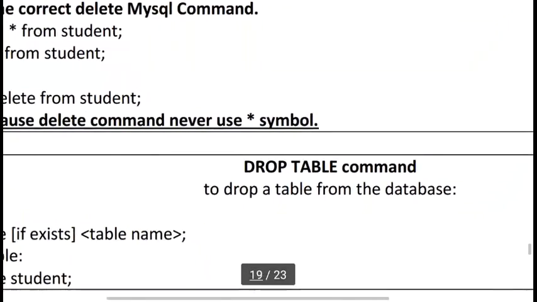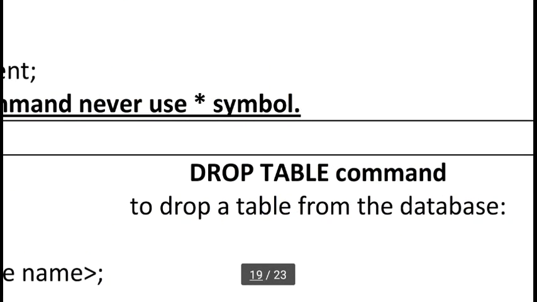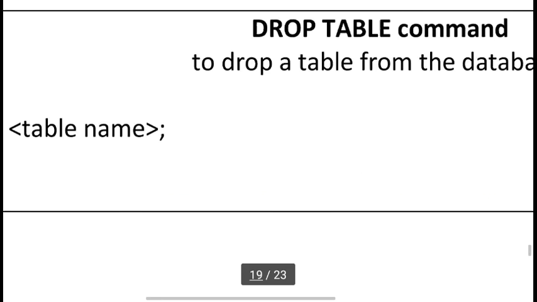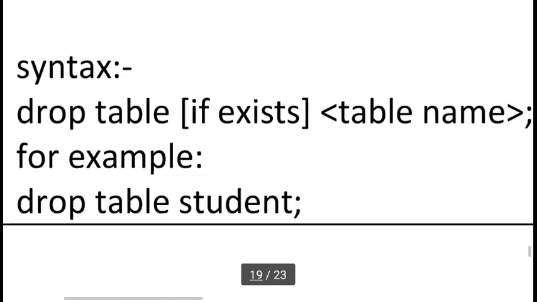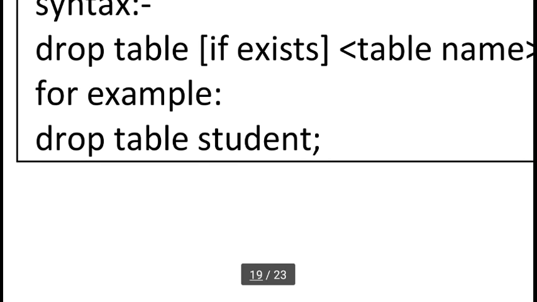But here I want to delete a table. So we can use the drop table command: drop table and the table name. So drop table student will delete the complete student table. When you use the show tables command, the student table will not show.